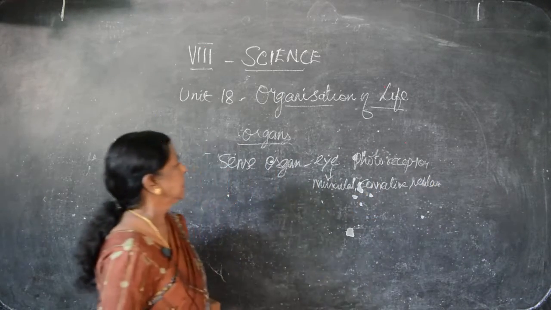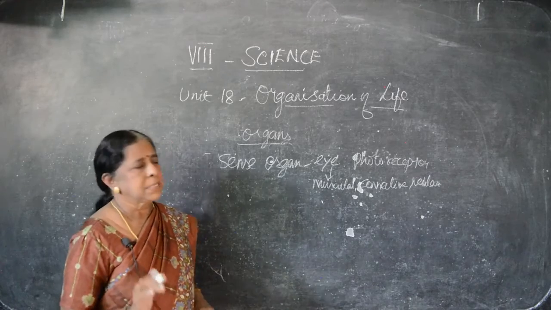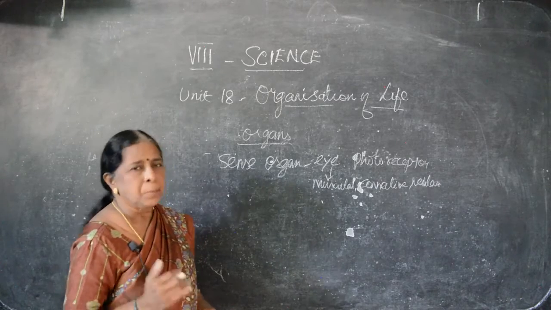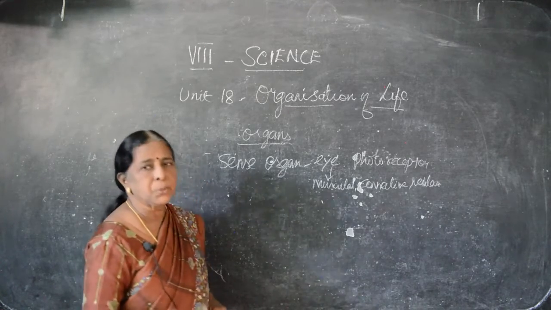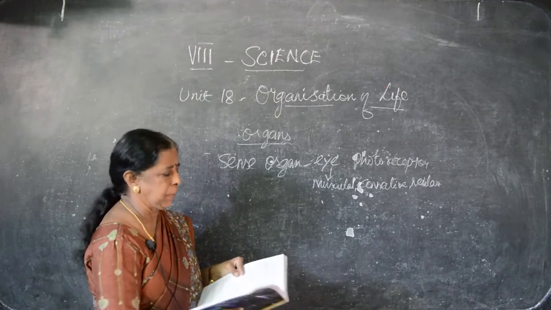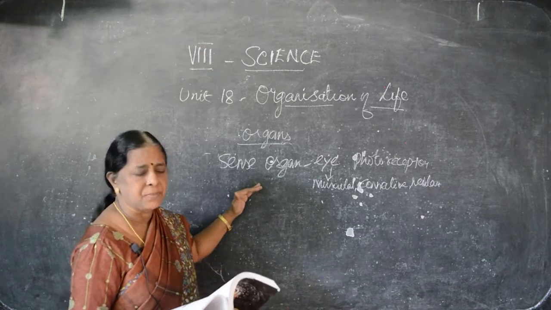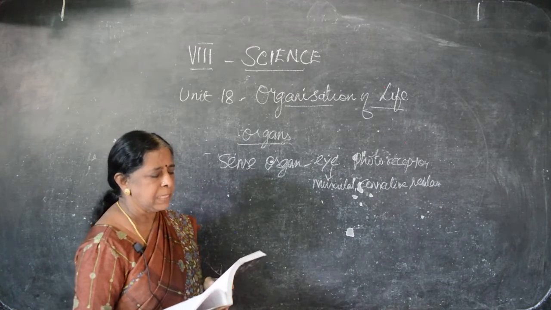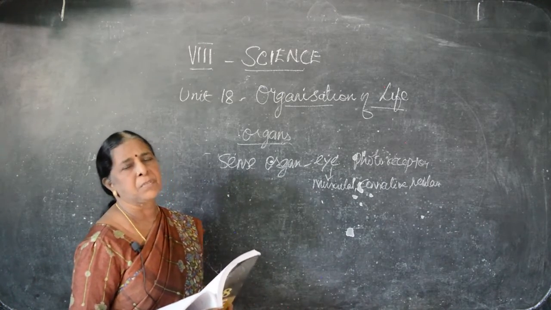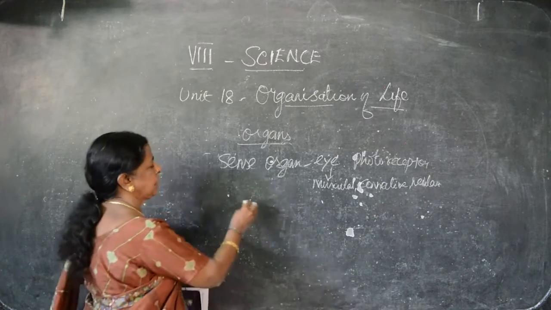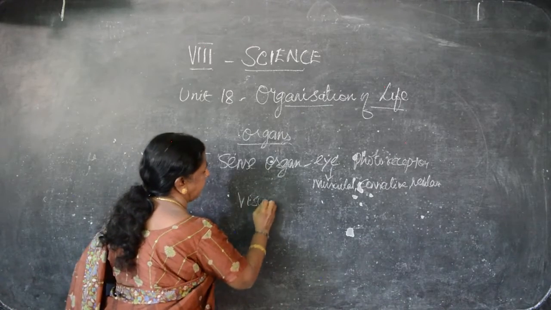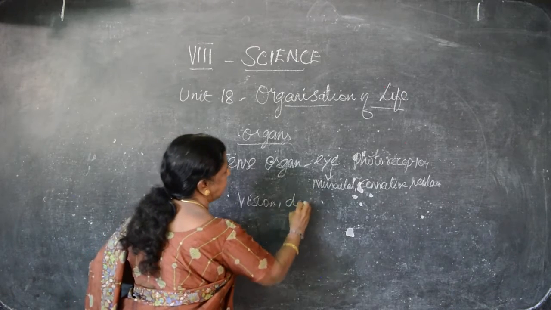Clear? So the sense organ, the eye, is a photoreceptor made up of three tissues: muscular, connective and nerve tissue. Mainly, what are the functions of the eye? It is mainly responsible for vision and differentiation of colors.